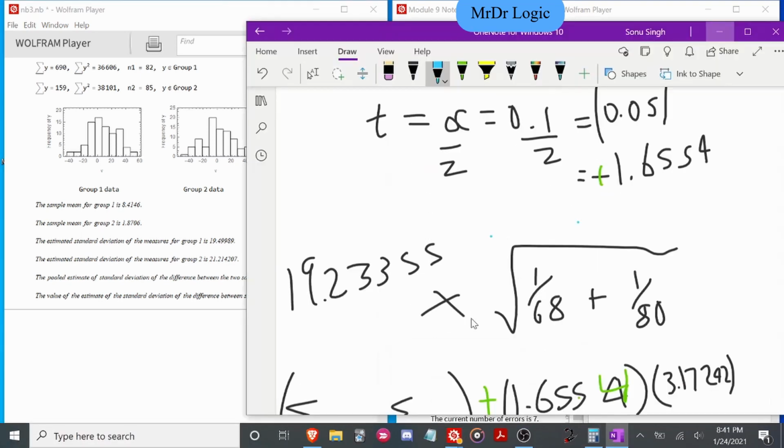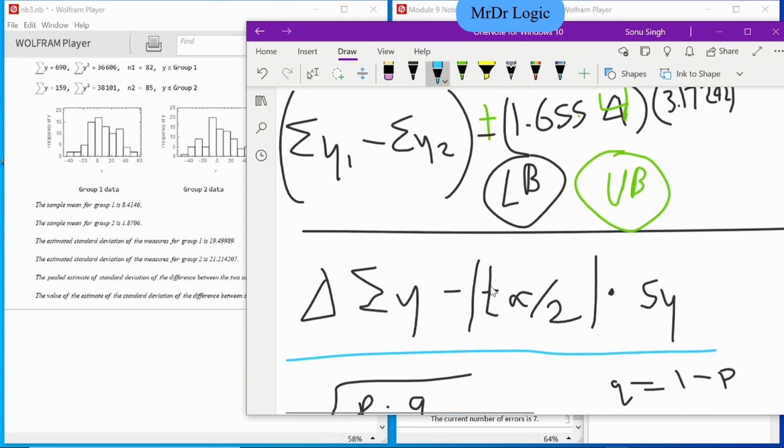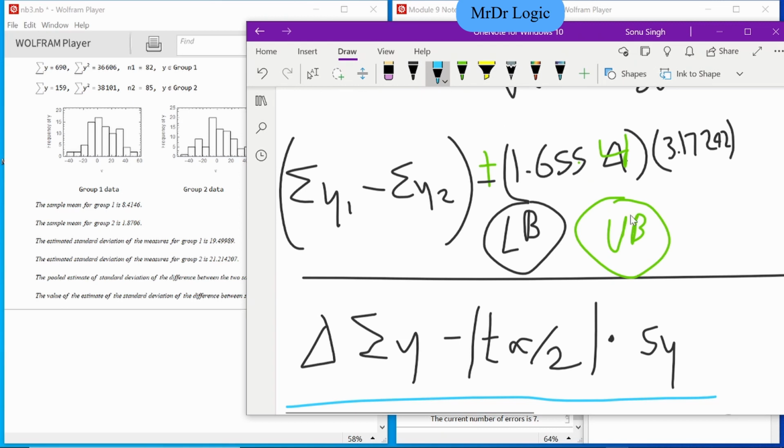Okay, now to find the lower boundary. Let's just get rid of that first. That's a 4, let me clarify, if anyone can't read it. We're going to take the difference between these two because of the question's nature, and since we're looking for the lower boundary, we're going to subtract.